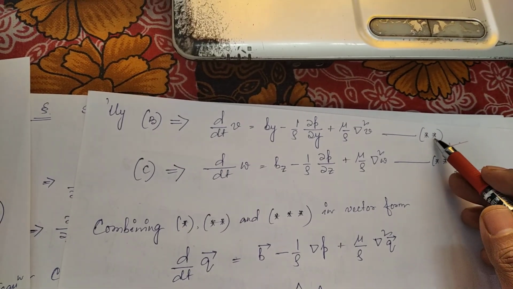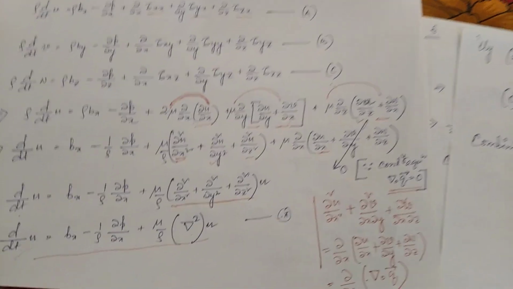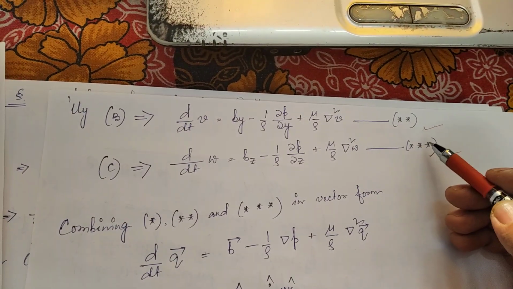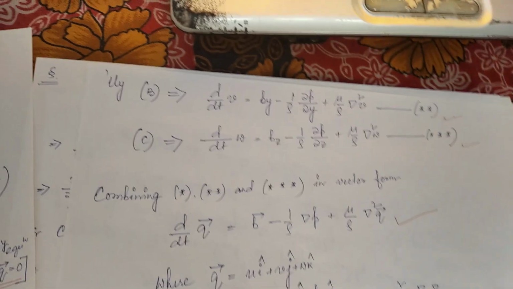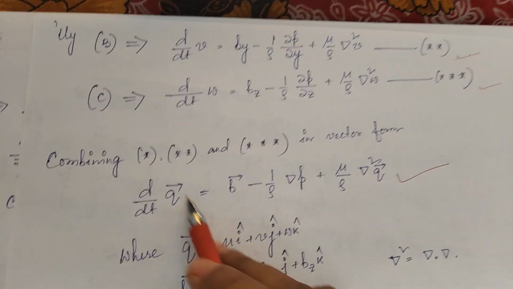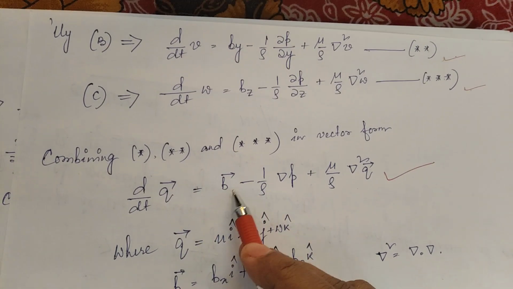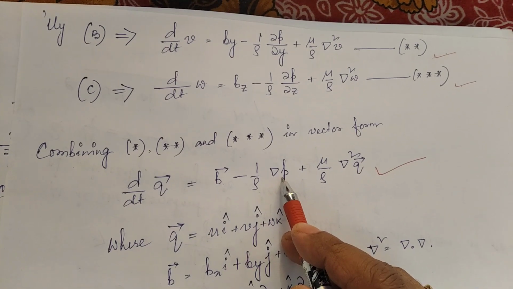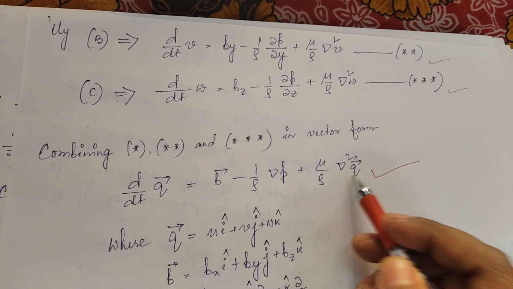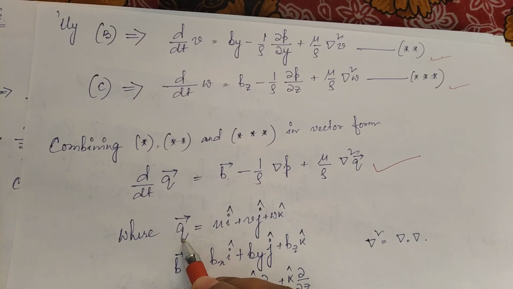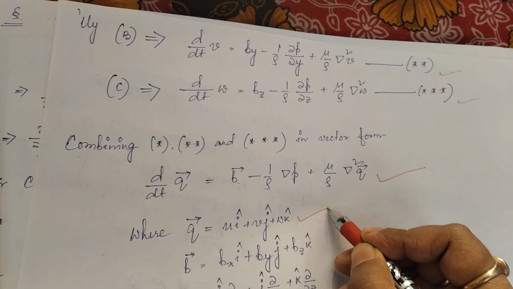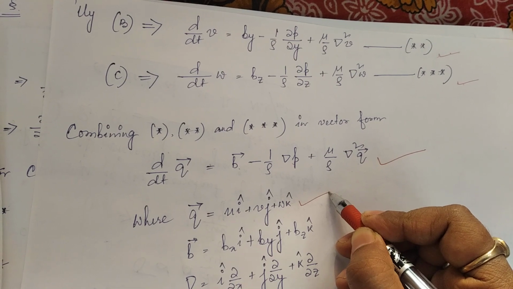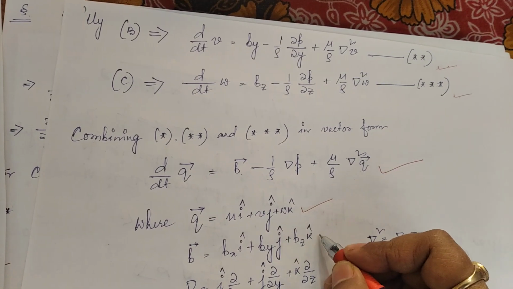Combining these three equations, star, double star and triple star, in vector form, we can write one simple equation: dq bar by dt equals b bar minus 1 by rho del p plus mu by rho del square q bar. Where q bar has an expression like this; it is the velocity of the fluid at any time t at a point p.